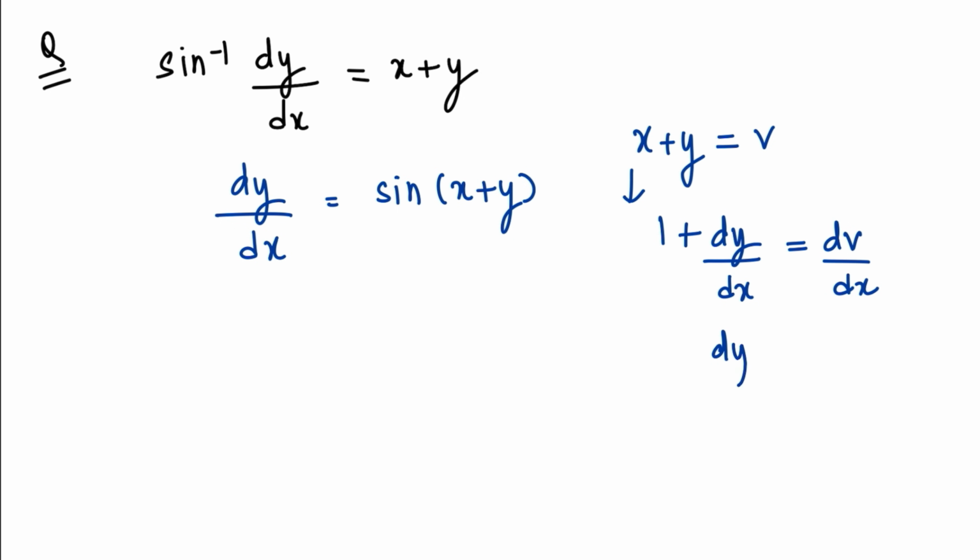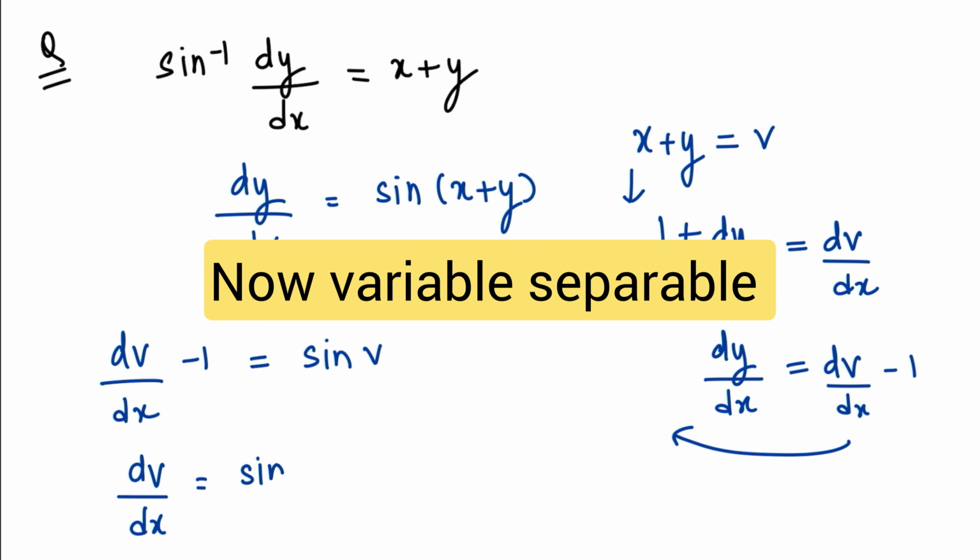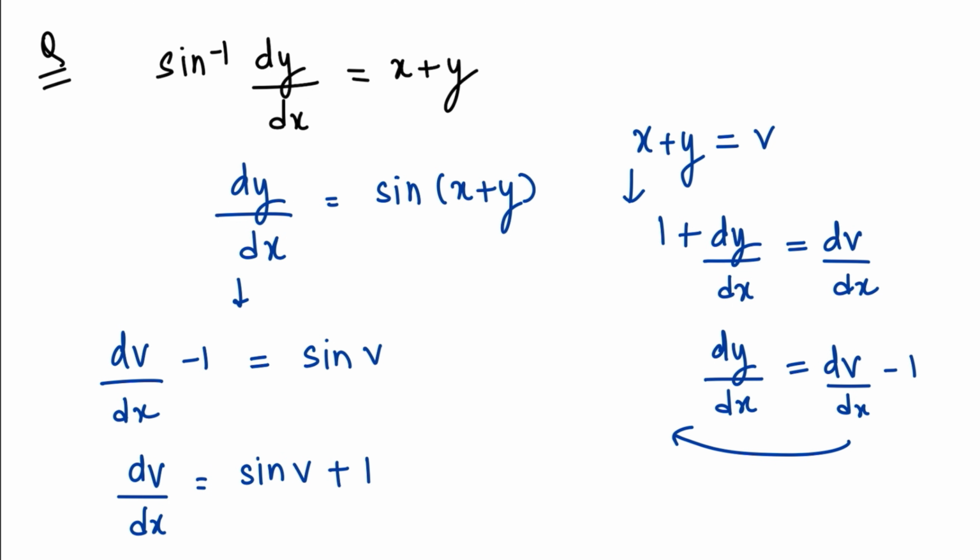So dy by dx will be dv by dx minus 1. I'll put this value here: dv by dx minus 1 equal to sine v. So dv by dx is equal to sine v plus 1, right?